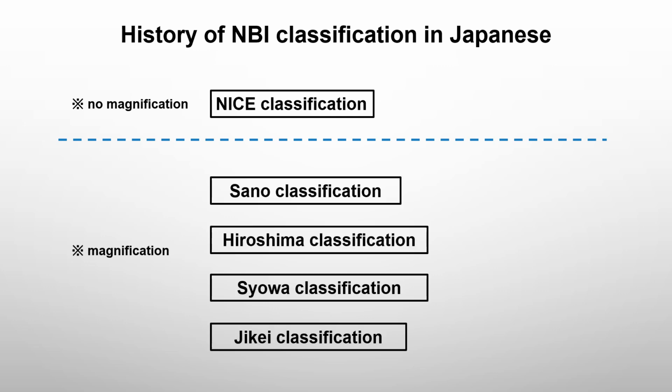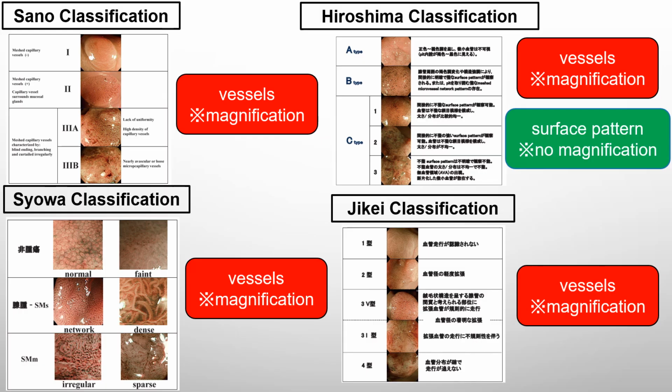On the other hand, in Japan, for extended NBI classification, Sano, Hiroshima, Showa, and GK were in disarray. The Sano classification was reported to be able to differentiate between non-tumor type 1, adenoma type 2, intramucosal carcinoma type 3A, and SM deep invasive carcinoma type 3B by observing the microvascular structure of colorectal tumor.